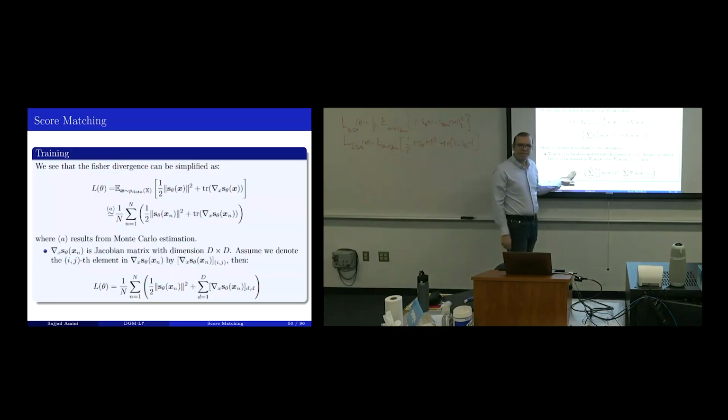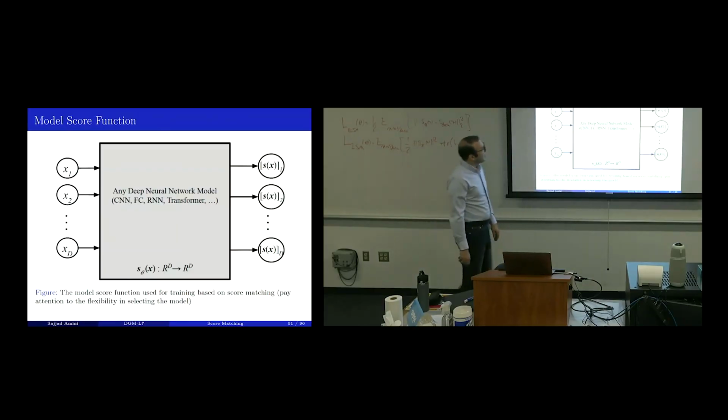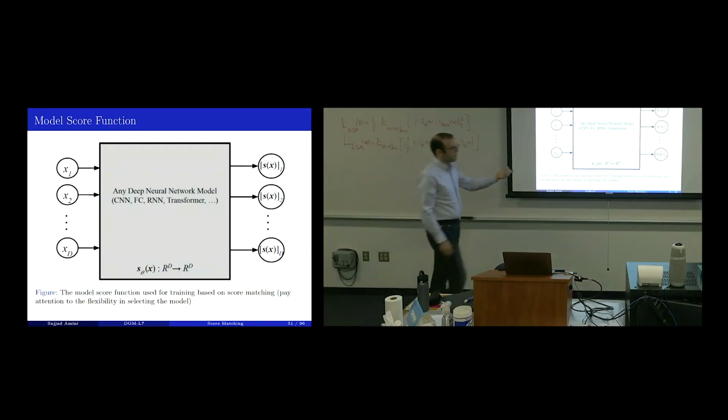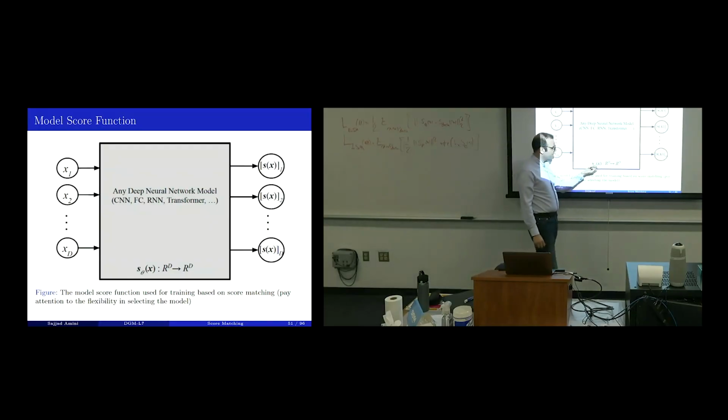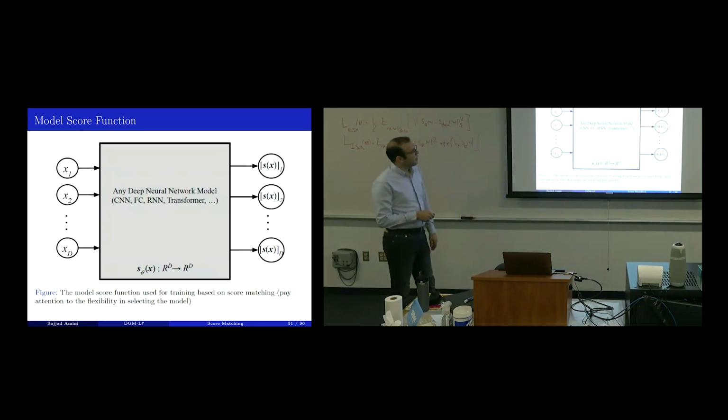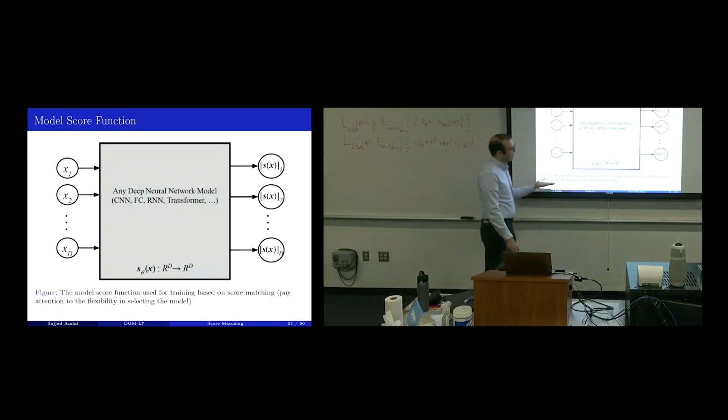Clear? Okay. And this is the score model, the score function. It means s theta of x is modeled because you have theta here. It is a score function because you are working with the score function instead of the density. The input is d-dimensional, the output is d-dimensional, and again, pay attention to the fact that you are completely flexible here.